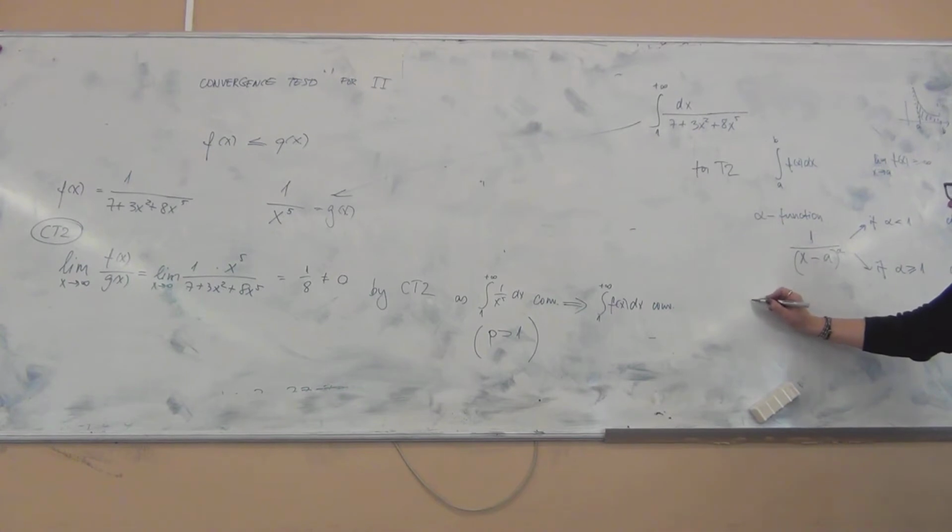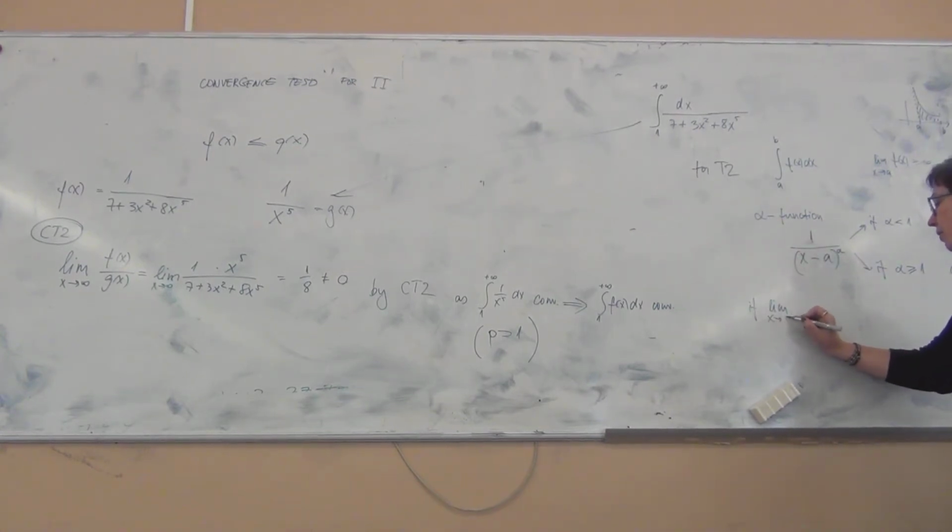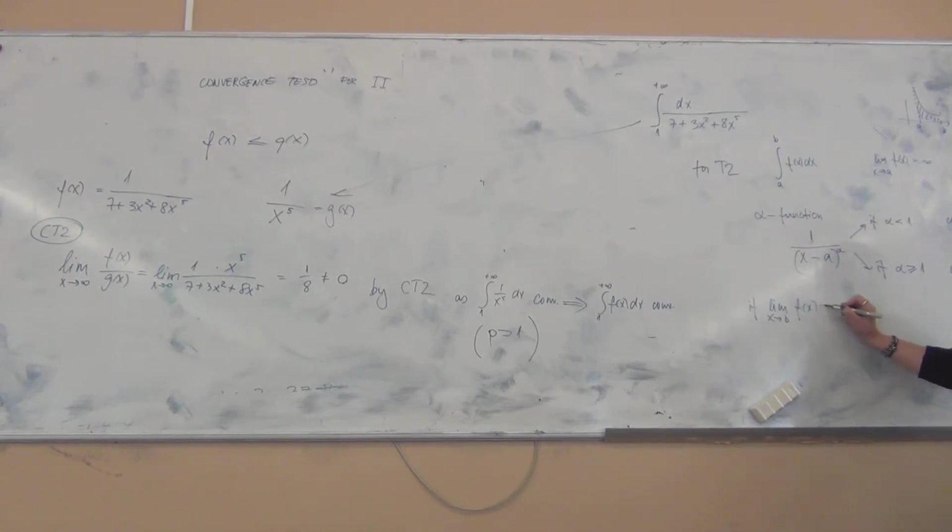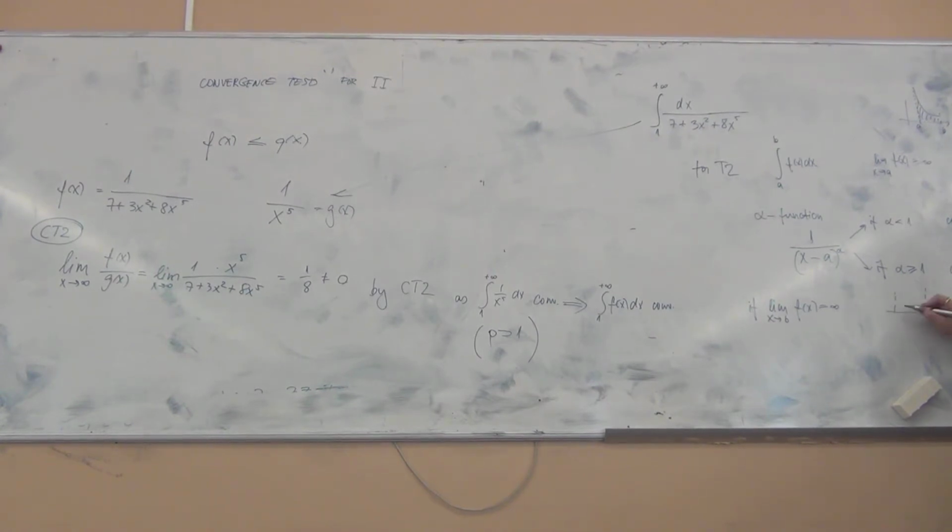so if x tends to b, and the limit is infinity, in other words, if the situation is a bit reversed, so we have something like this at b.